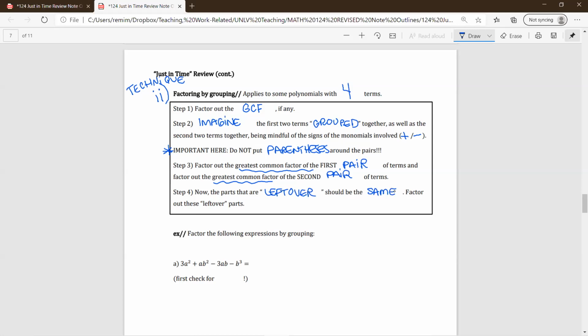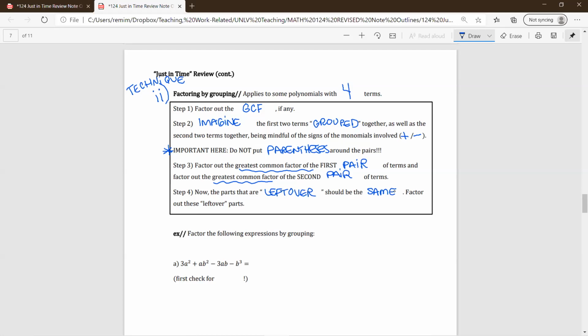Don't do that. Do step 1, step 2, step 3, and then take a step back and ask yourself, hey, when I did these 3 steps, did my leftover parts turn out to be the same? If they did turn out to be the same, then you're probably on the right track. And if they did not turn out to be the same, then go back, revise each step carefully, and see where you might have missed something.